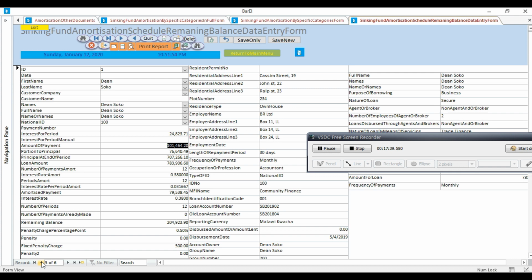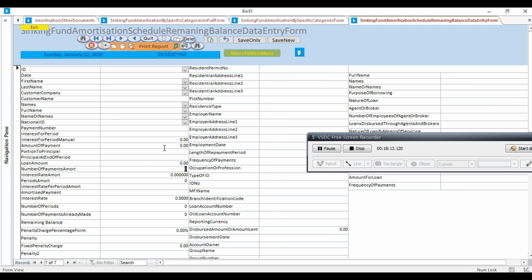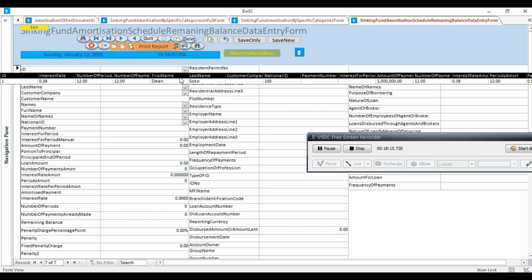Okay, 51. This is 707. 707,266 becomes the loan amount. Then the other month, 7.